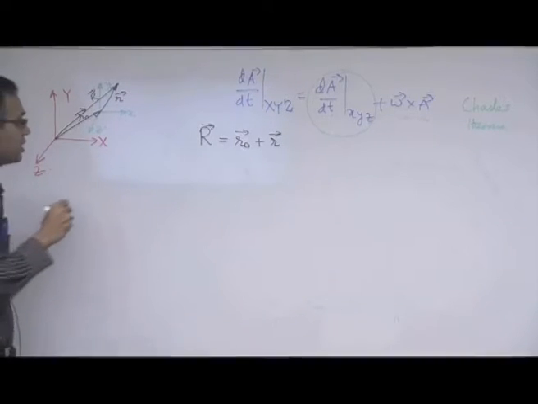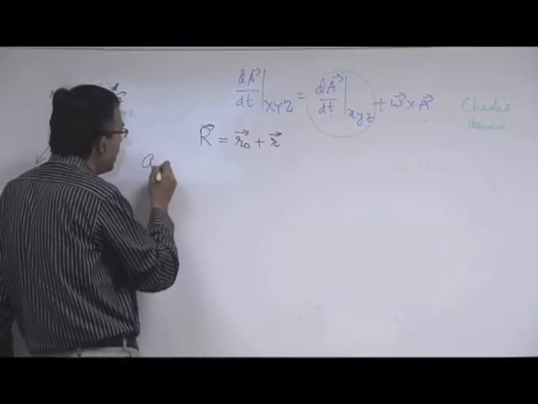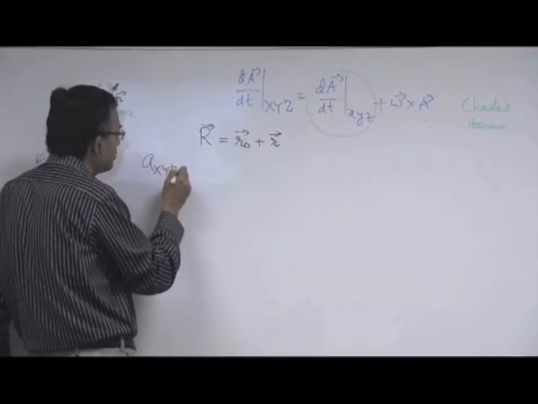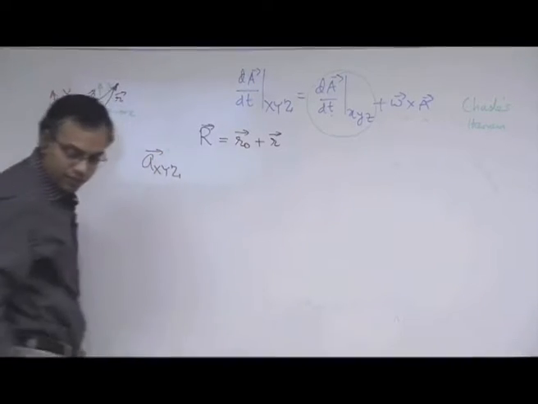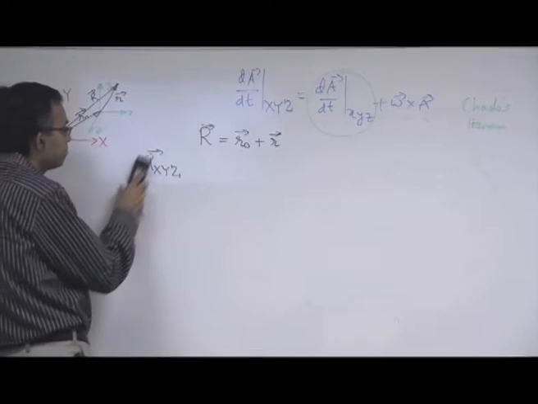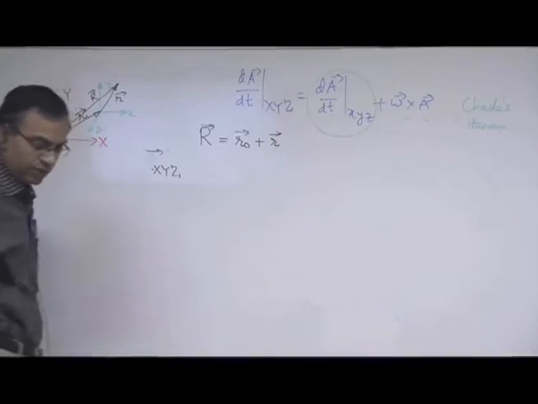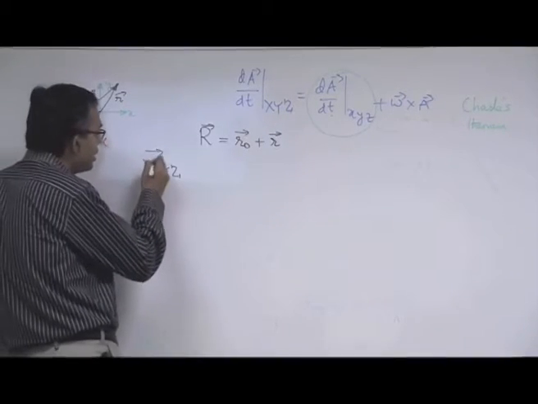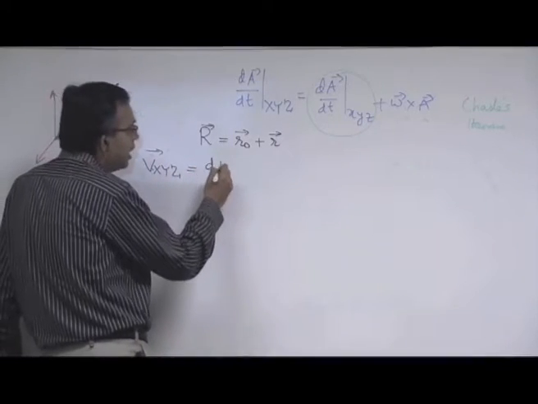What is acceleration with respect to capital XYZ? Okay, first we start with velocity. What is velocity with respect to capital XYZ? It is dR/dt.